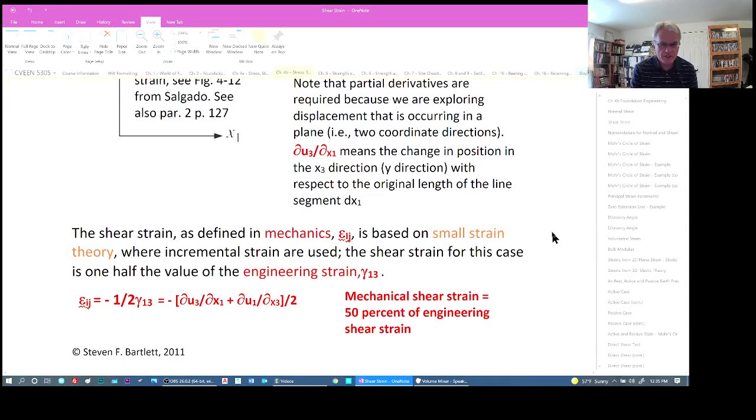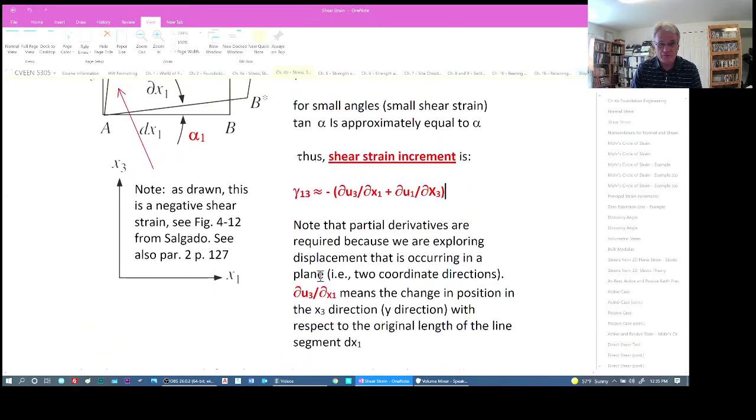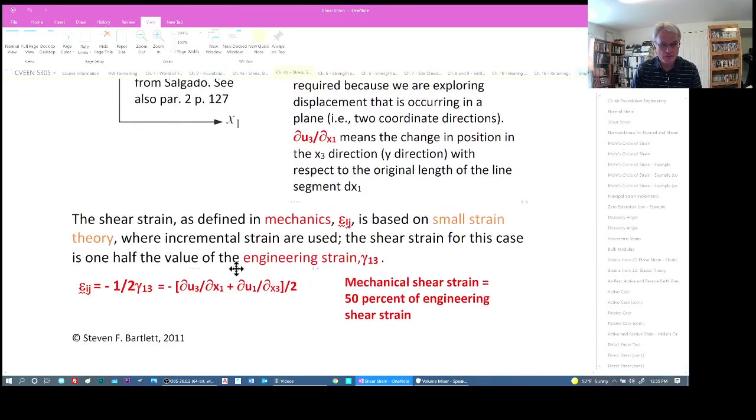So the shear strain is defined in mechanics. Epsilon ij is based on small strain theory where incremental strains are used. The shear strain for this case is 1/2 of the engineering strain, gamma 1,3. So the small strain theory from mechanics, the incremental shear strain is 1/2 that of the gamma value that we defined up here.